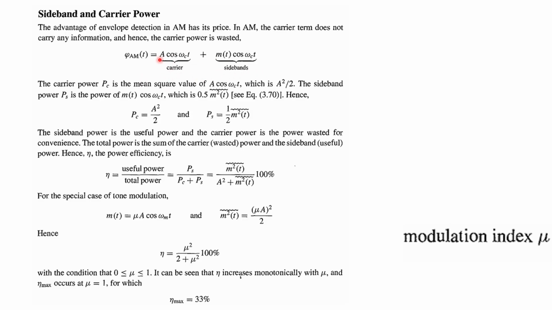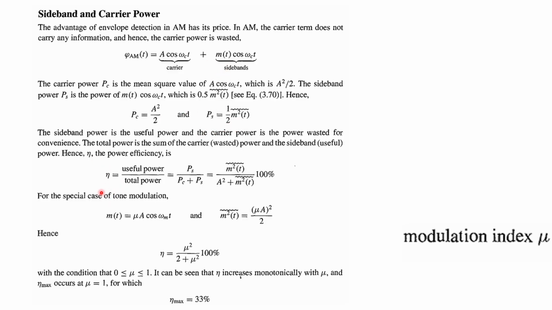This is your carrier wave and this is your modulated sideband, right? So this is the unnecessary part we are sending. How? Because it contains power. So Pc is A square by 2 for the carrier wave. Similarly for this signal, that is m square(t) divided by 2.